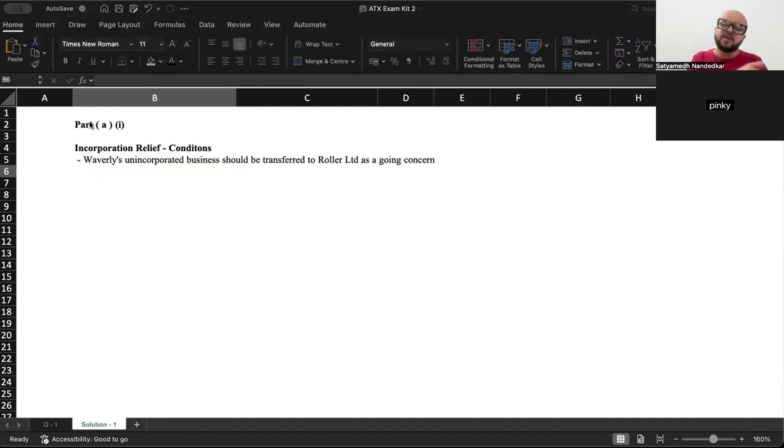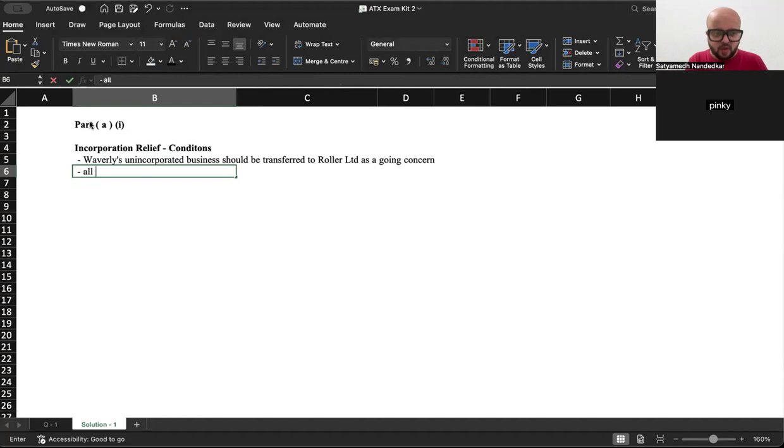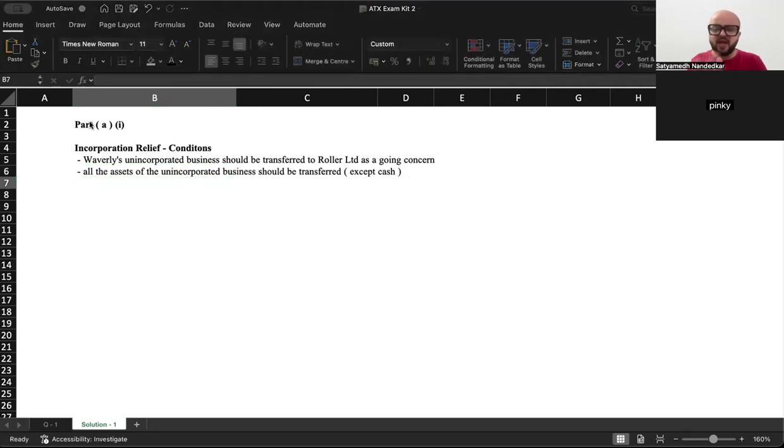Then all the assets of the unincorporated business other than cash have to be transferred. All the assets of the unincorporated business should be transferred except cash. Everything else except cash. If cash is not transferred, that also works.